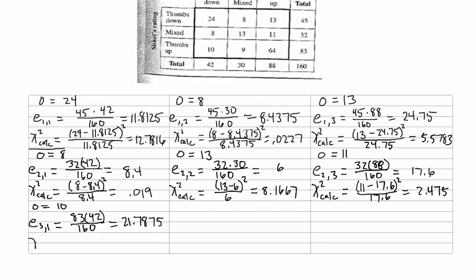And our chi-squared calc value is equal to 10 minus 21.7875 squared divided by 21.7875, and this is equal to 6.3773.